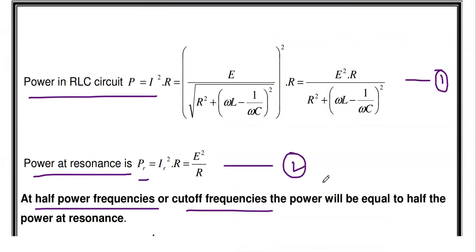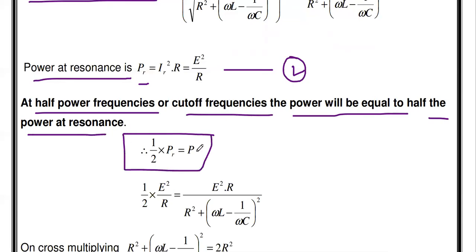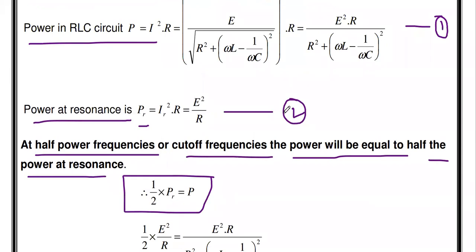So at a half power frequency or cutoff frequency, the power will be equal to half of the maximum power. We can write it in equation format: the power P equals half of the maximum power, so 1 by 2 PR equals P. Now substitute the PR equation from equation number 2 and the P value from equation number 1.